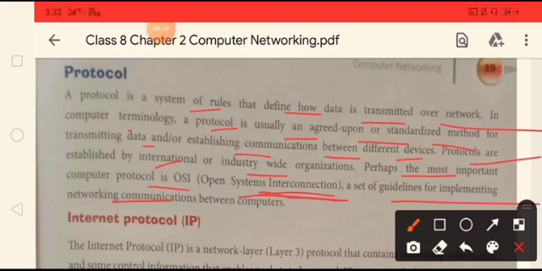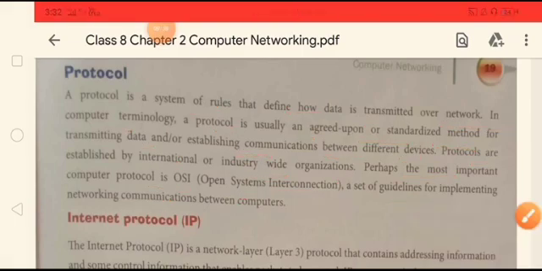Okay, so these are set up by international organizations, and one of the most important protocols is OSI. They are set internationally and everyone has to follow these protocols. And the most important protocol is the OSI, that is Open System Interconnection. It is a set of guidelines that is used for implementing networking communications between computers.